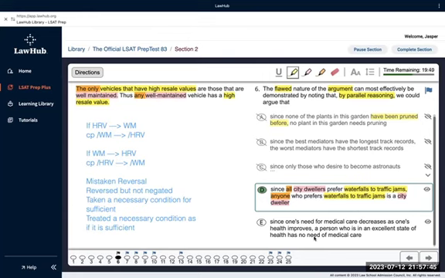This one here also, it's not concluding that a necessary condition is sufficient. So okay. That was a longer explanation than I anticipated. So I'm going to actually pause here and come back.